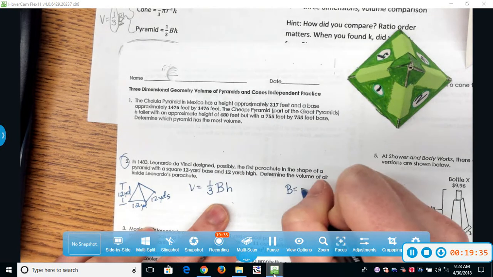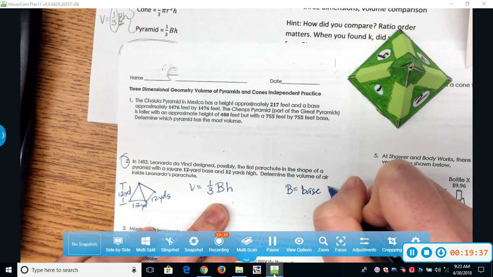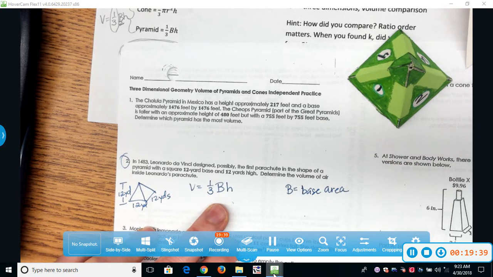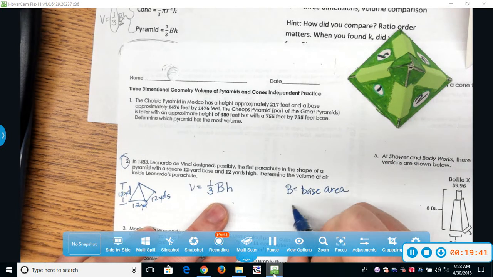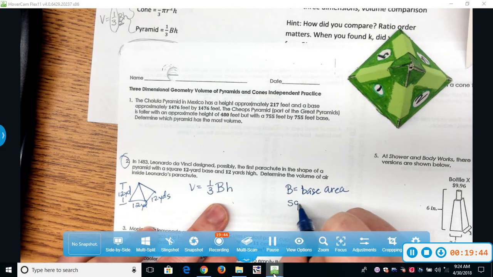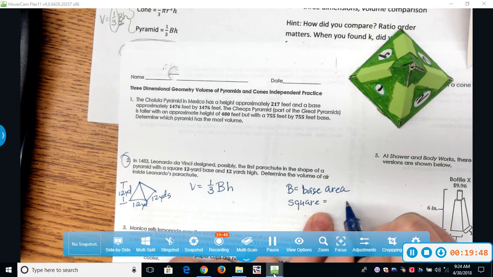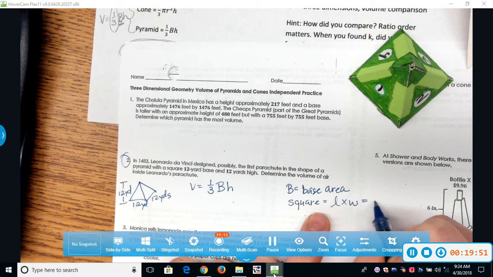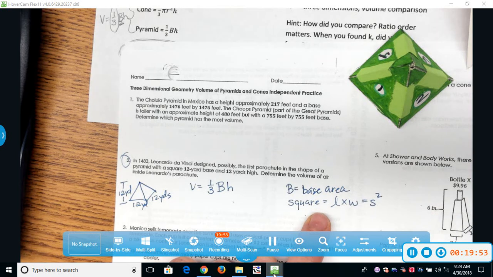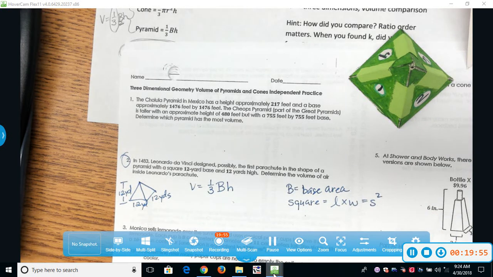B is base area. We have a square base. So the area for a square is length times width or sides squared, since they're the same.